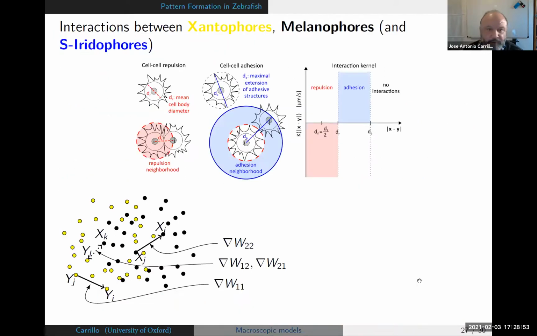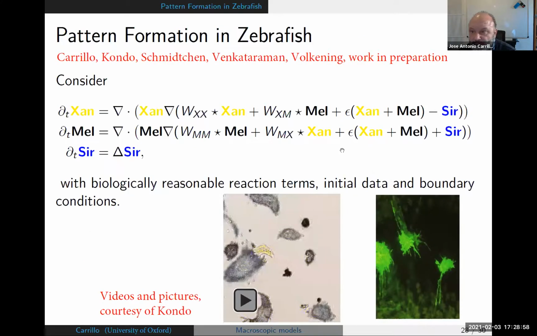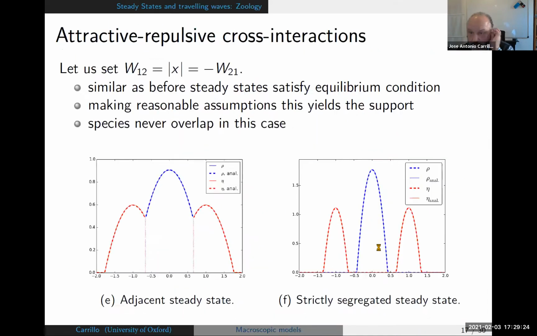But nevertheless, if he's referring to this kind of interaction, it is the same as I was discussing in the other model. What you are modeling is the adhesion or the repulsion forces between different kinds of cells due to an interaction at a kind of average distance. Yes, it will be the same. The non-local model, okay.